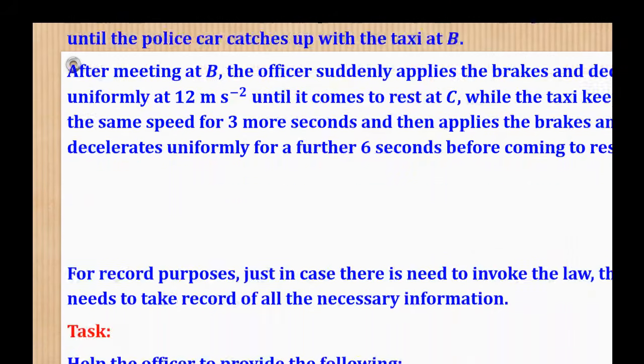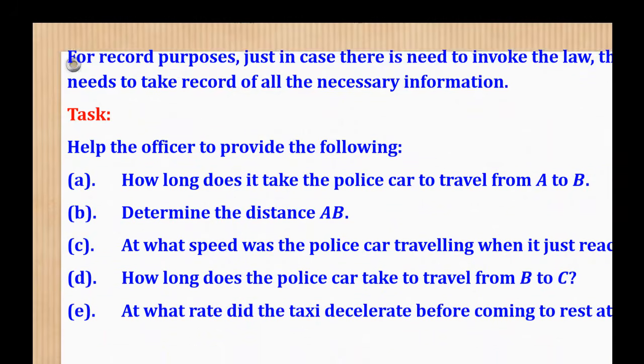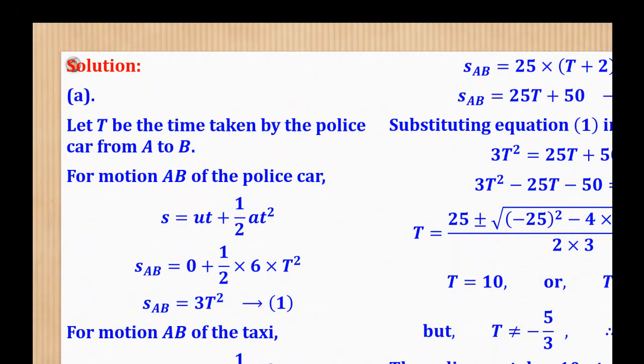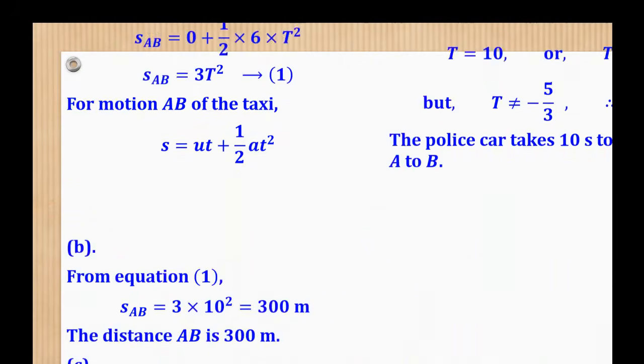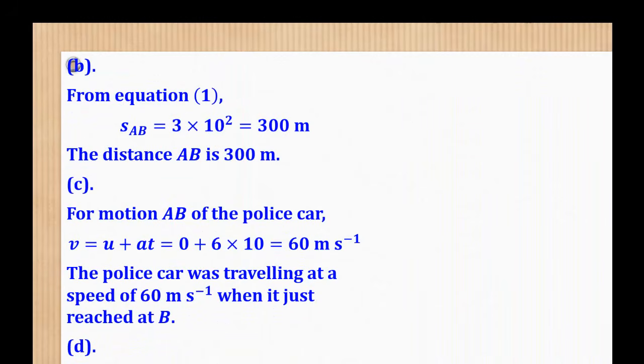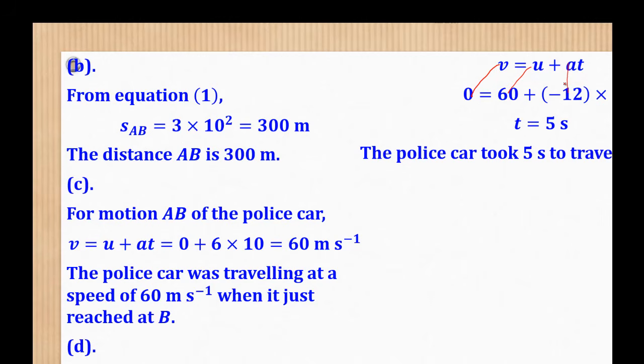So we shall come and say, for motion BC of the police car, first equation of motion, substitute V should be 0, use 60, A should be now negative 12 to give you T as 5. The police car took 5 seconds to travel from B to C.